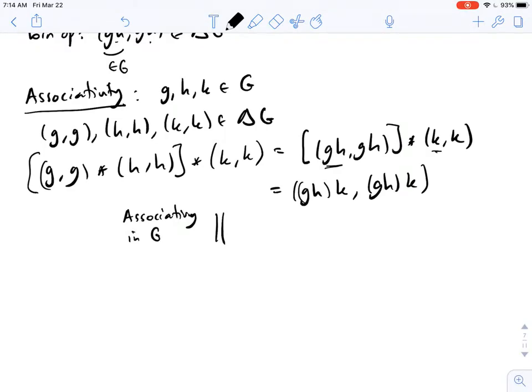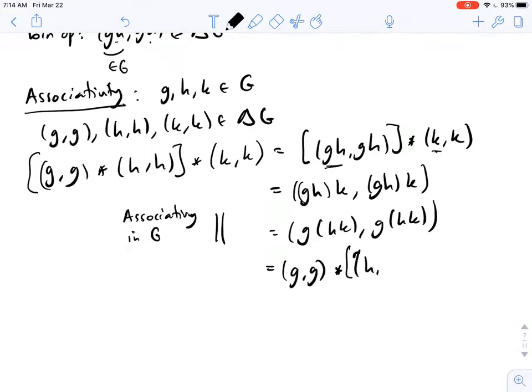Now, here's where I get to use the associativity in G. The associativity in G says I can move these parentheses around. We'll write g times (hk) and g times (hk), where now the hk are associated. And now I can break this back up. I can write this as (g, g) star (hk, hk).